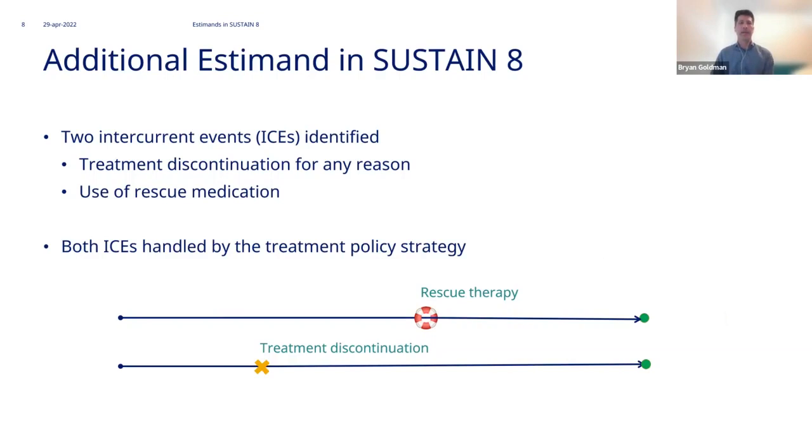This was identified to be of interest to regulators already at that time, and it's only become more so since then. And that was primarily due to the superiority objectives that were included in this trial. Yeah, next slide.